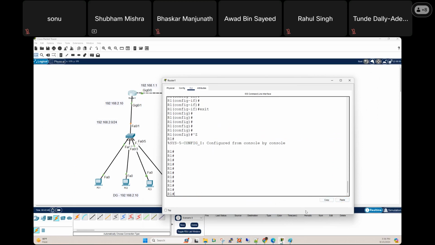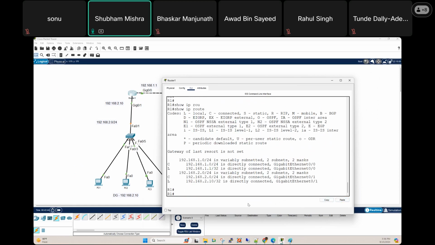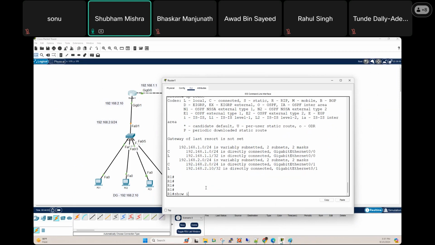How can you check? Show IP route. See, how many networks are there, guys? 192.168.1.0 and the next one is 2.0. Here we assign 192.168.2.10 and here we assign 192.168.1.1, subnet mask /32. Okay, show IP interface brief.